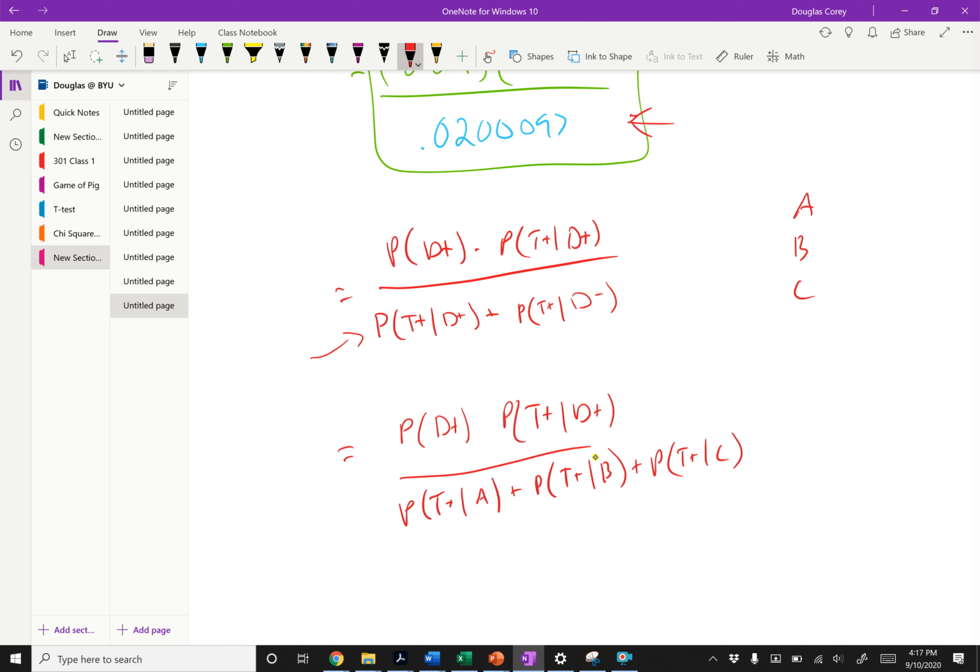Like in your homework, you'll be able to use this to generalize, because you're going to have 3 pictures. So this is what you have to do.